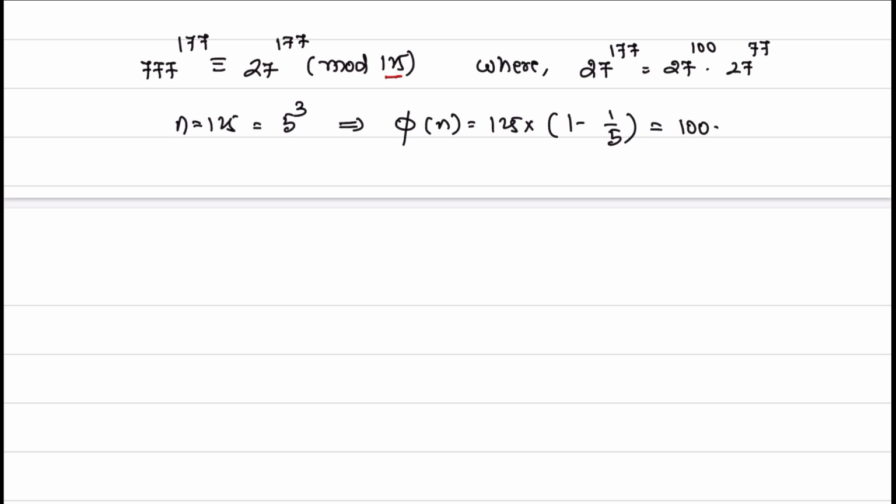Phi n is 100. From Euler theorem, 27 to the power of 100 is equivalent to 1 mod 125.